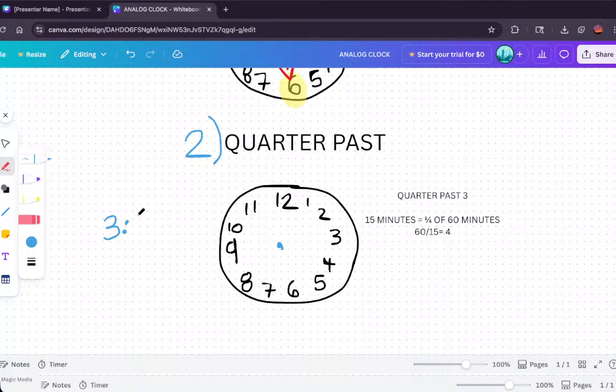Okay, now it means 3:15. Because we established here that 15 minutes means 1/4. 1/4 means 1 quarter.